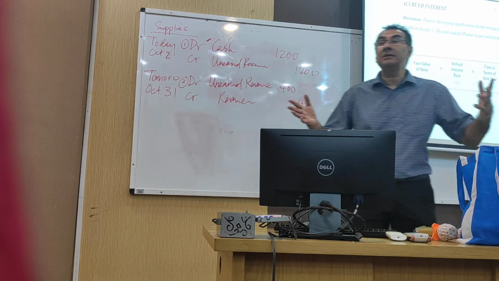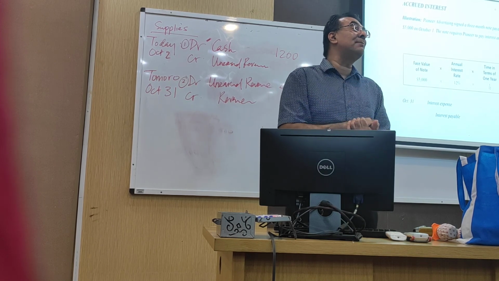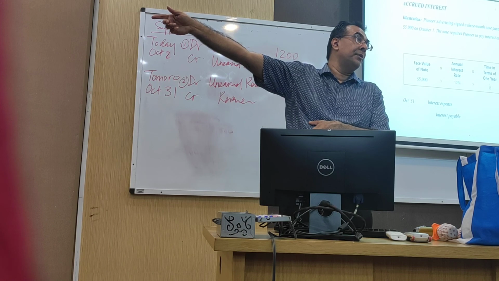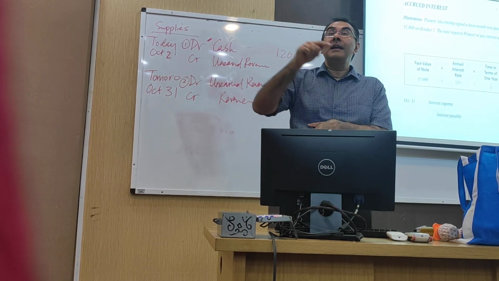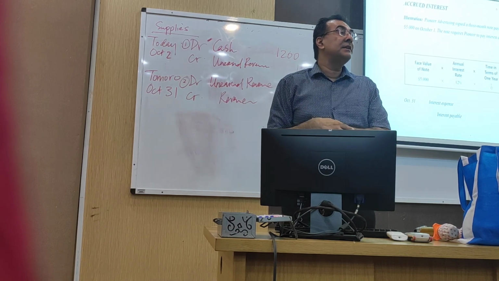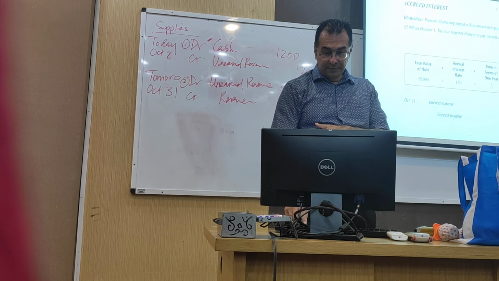So any account that's got payable at the end of it should tell you it is a liability, meaning I will have to pay cash tomorrow. Any account which has got receivable means it's an asset today because I will receive the cash tomorrow. Are you clear? Okay, good.